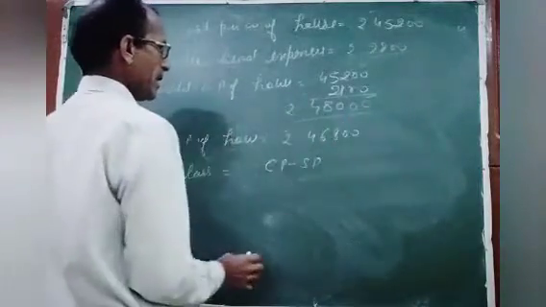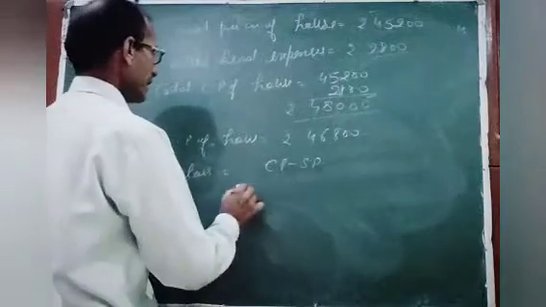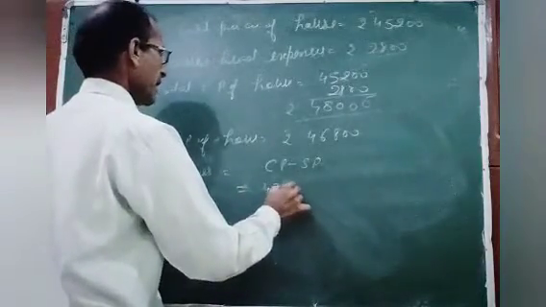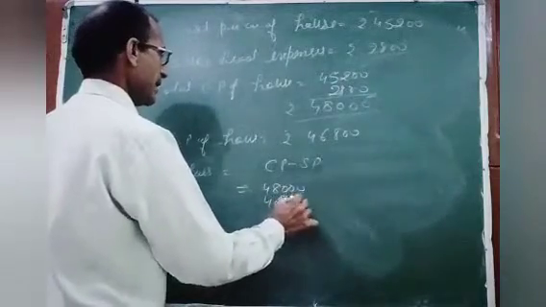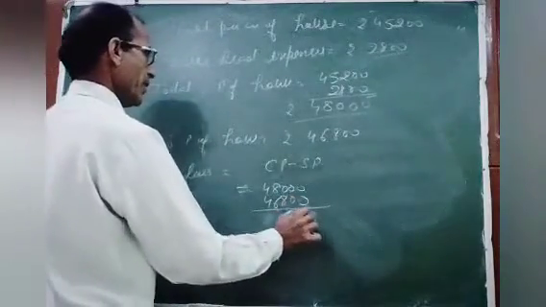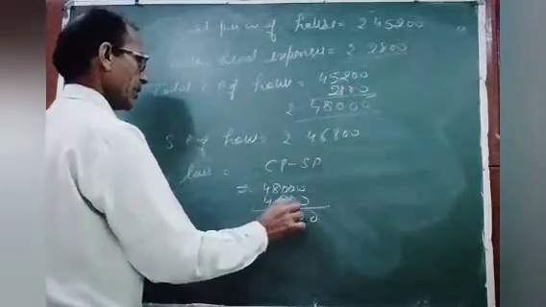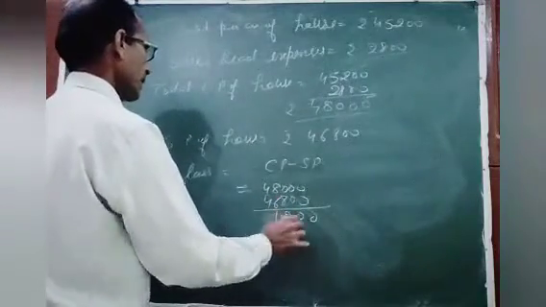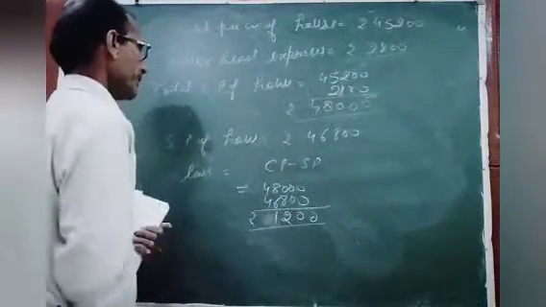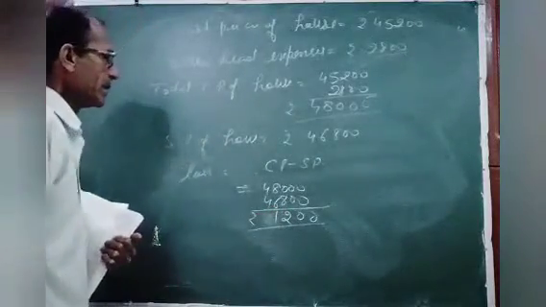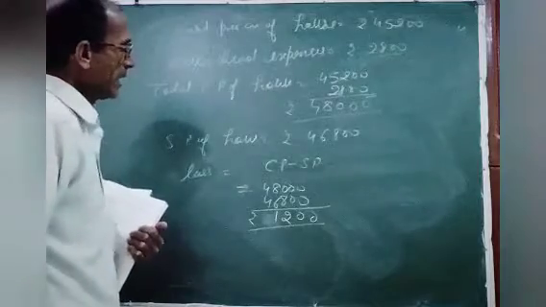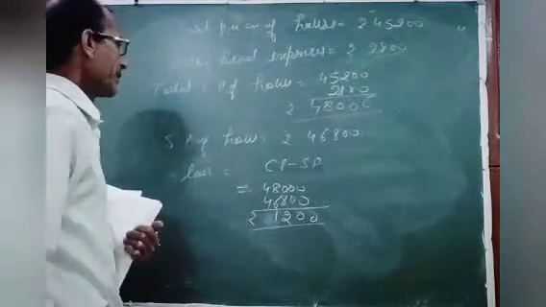So CP is 48,000. 48,000 subtract 46,800. So rupees 1,200. So this will be the loss.